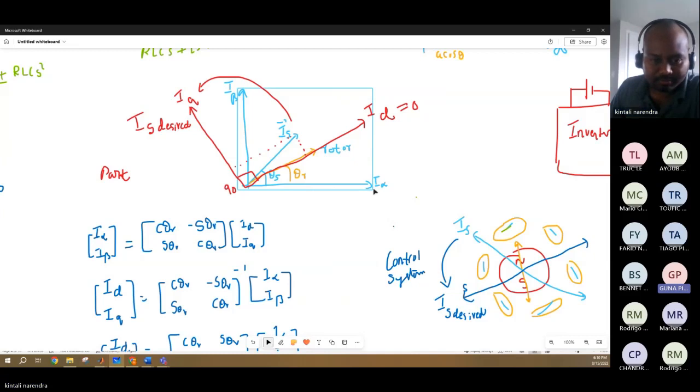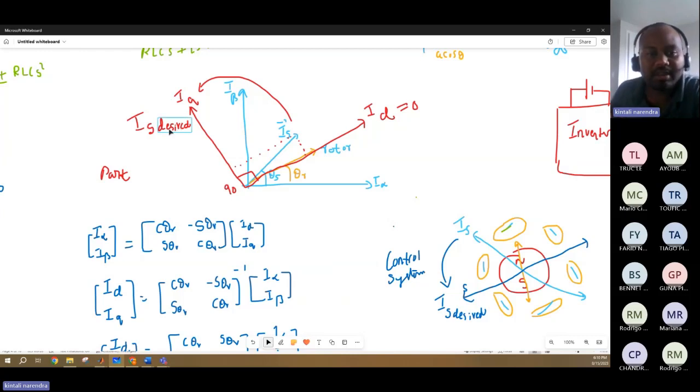These are not physically available in the motor. This is my imaginary value where I need to push my IQ in order to get the maximum torque.